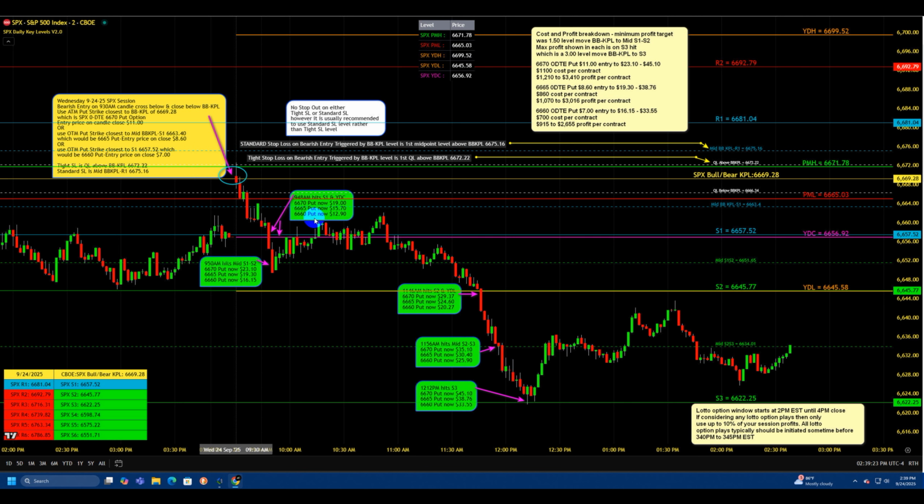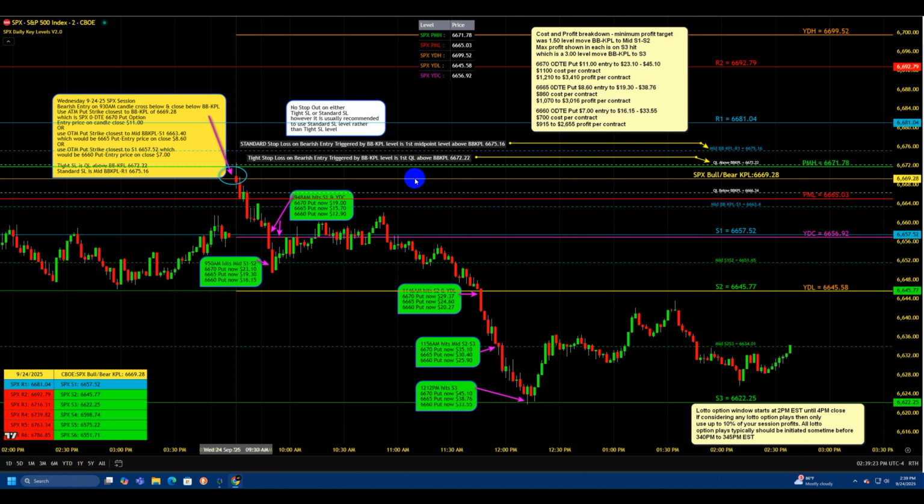In using this indicator, if you're just the type of trader that likes to scalp options and not let the option play out to its fullest extent, then when you hit S1, that is your trigger to get out of the trade. And what I mean by that is it's a one level move.